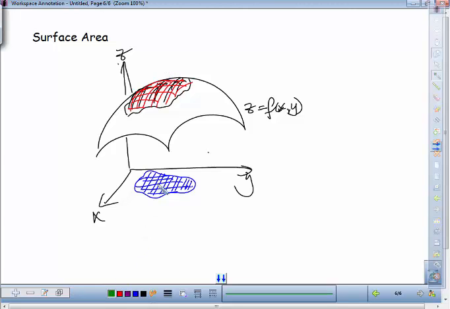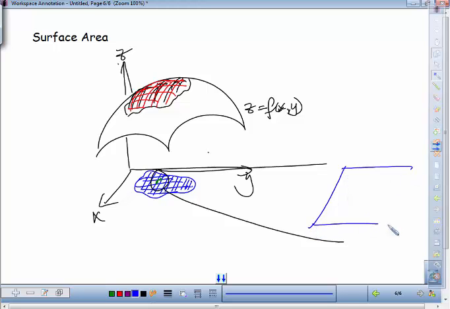So that's the same idea. And the way we're going to do that is we're going to take a look at just one little piece. I drew my rectangle incorrectly there. Let's blow it up. So the rectangle I was trying to draw, that's kind of like a vector.